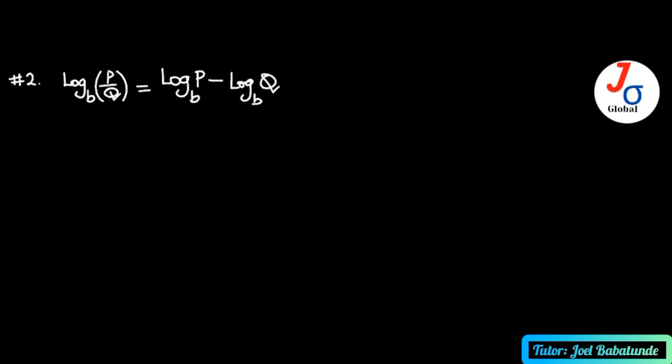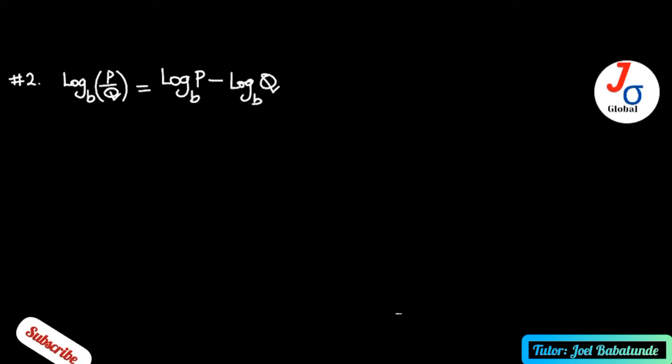Then we have the second law of logarithm, which has to do with division. So we have log p divided by q base b, and that becomes log p base b, then you have the minus here, then log q base b. So let's see how this plays out in an example.